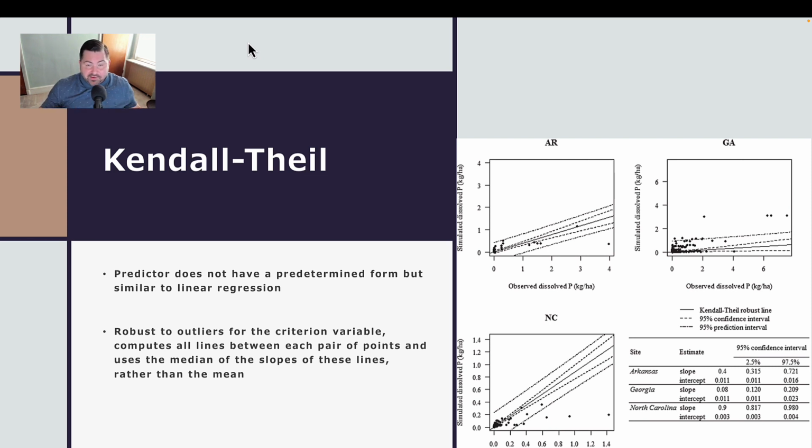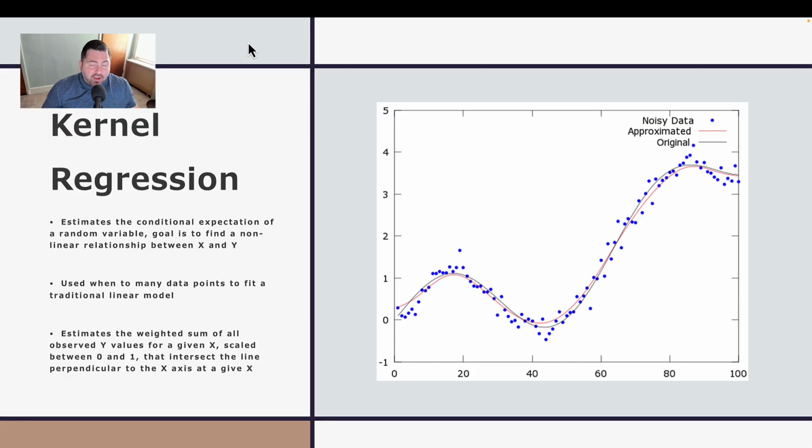But as statisticians move forward and try to use these types of procedures in the real world, newer techniques have been developed. So Kendall-Theil is nice because it addresses issues with outliers and uses that median to generate that line of best fit.